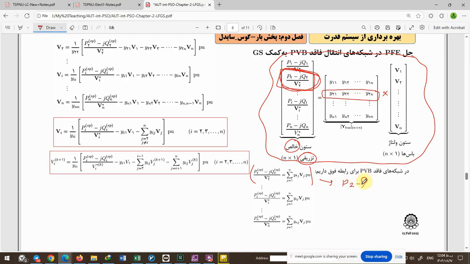P2 minus jQ2 over V2 conjugate is the sum of Y2j multiplied by Vj, where j goes from bus number 1 to bus number n. This can be written for all buses.